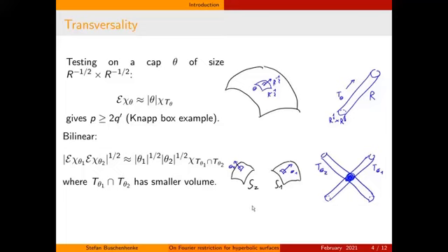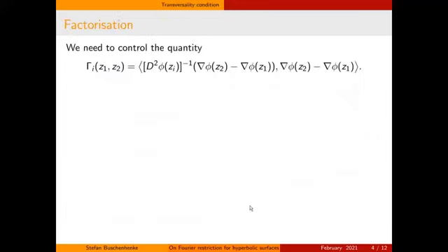And actually, for the proof, we need some more involved form of transversality, but I will not tell you what this is geometrically. So in the formula, it's the following quantity you need to control to have this kind of desirable transversality.